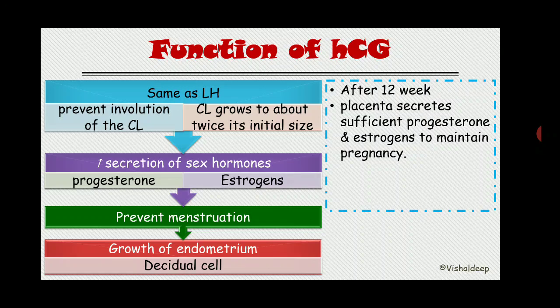So in the initial 12 weeks, basically the initial 3 to 4 months, the corpus luteum will secrete the estrogen and progesterone, but after 12 weeks, as the placenta forms in its actual size, it starts synthesizing enough progesterone and estrogen. Now after that we do not need the corpus luteum, right? So after 12 weeks, from the 13th to 17th week, the corpus luteum starts involution.